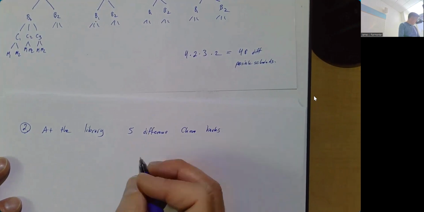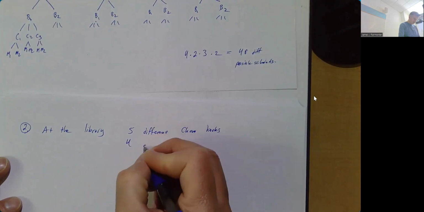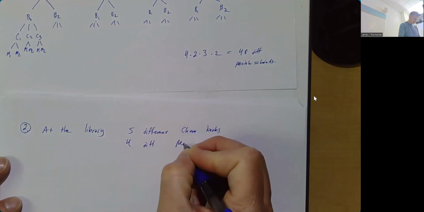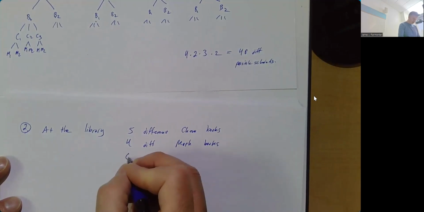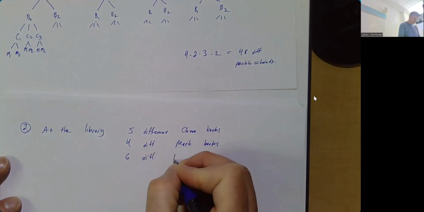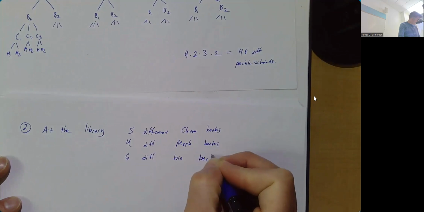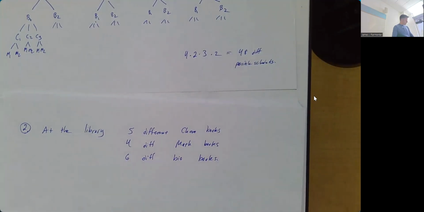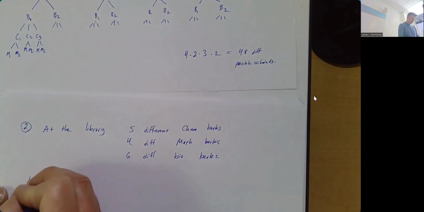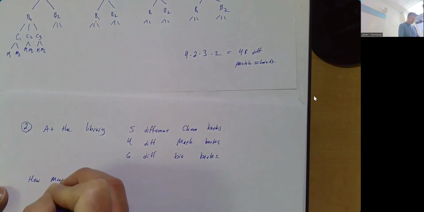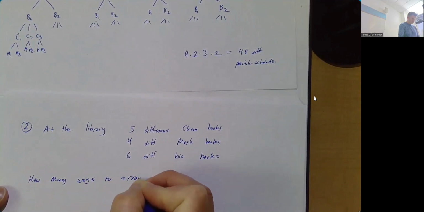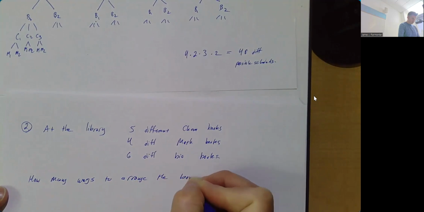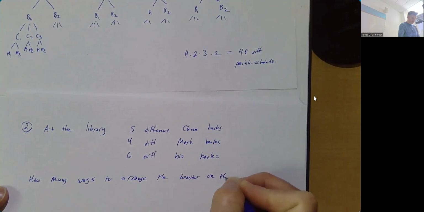There are 4 different math books. And there are 6 different biology books. How many different ways can we arrange the books on the shelf?